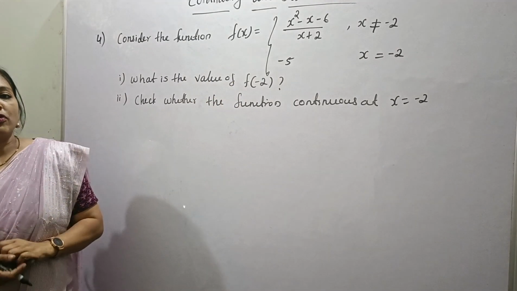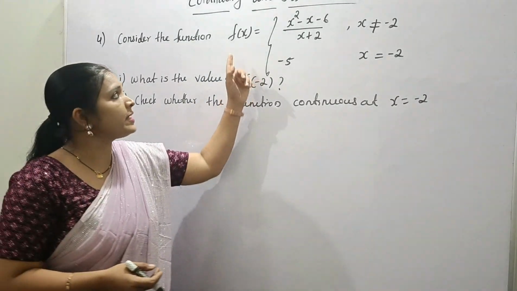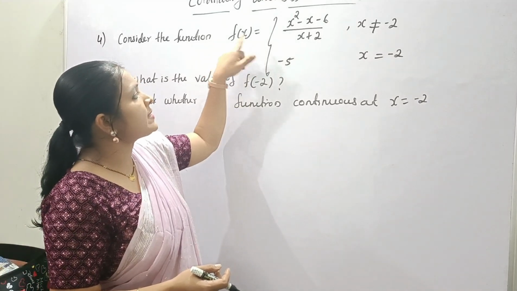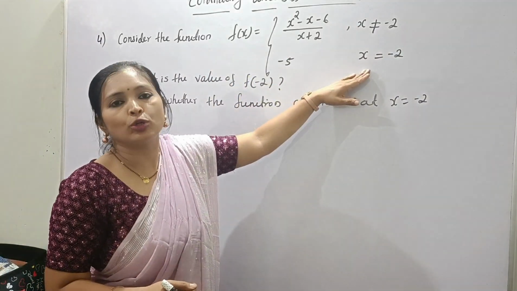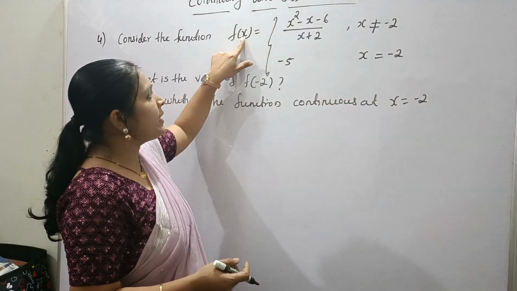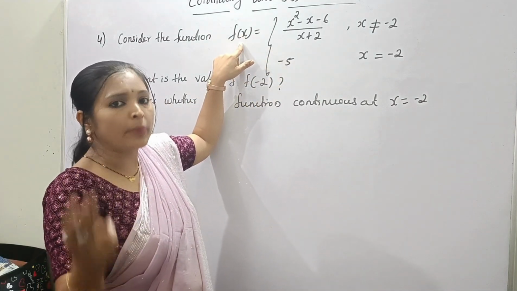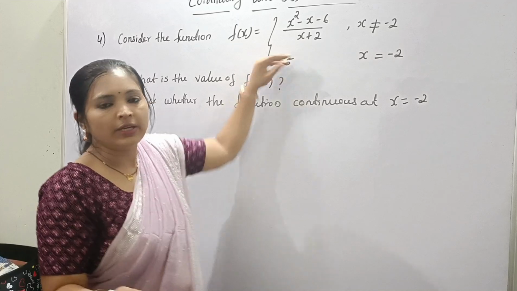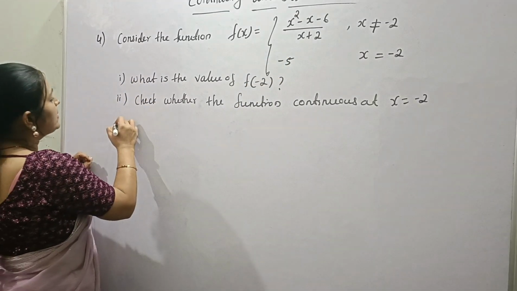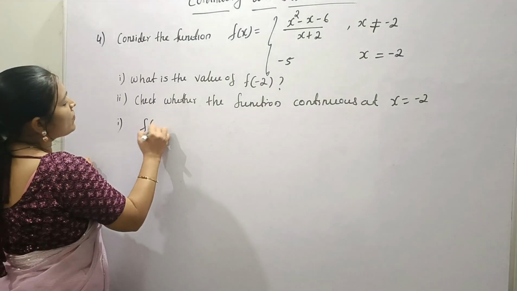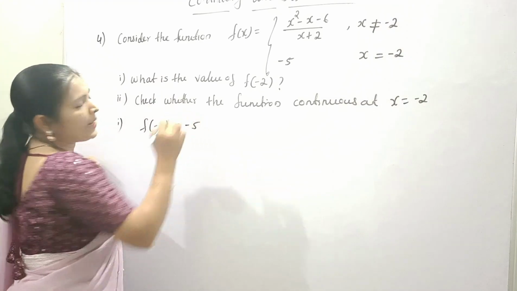Very easy question. It is given f of x is equal to minus 5 when x is equal to minus 2, right? So directly we can write the first answer, f of minus 2 is equal to minus 5.